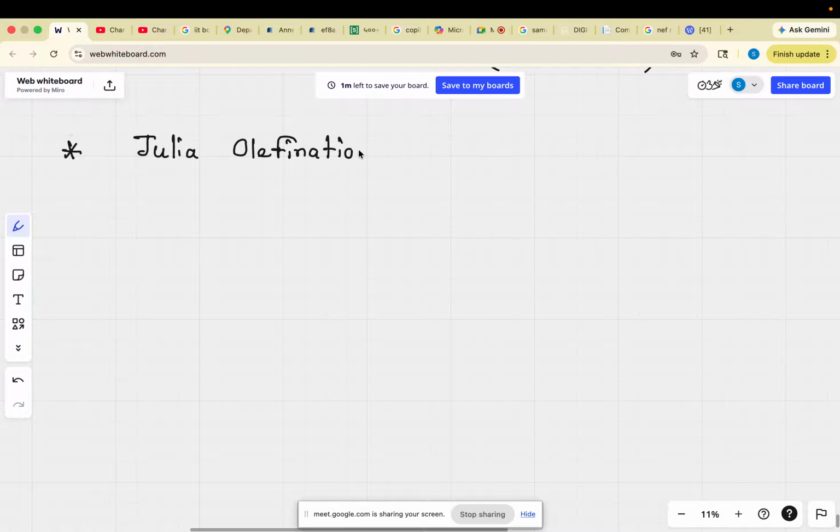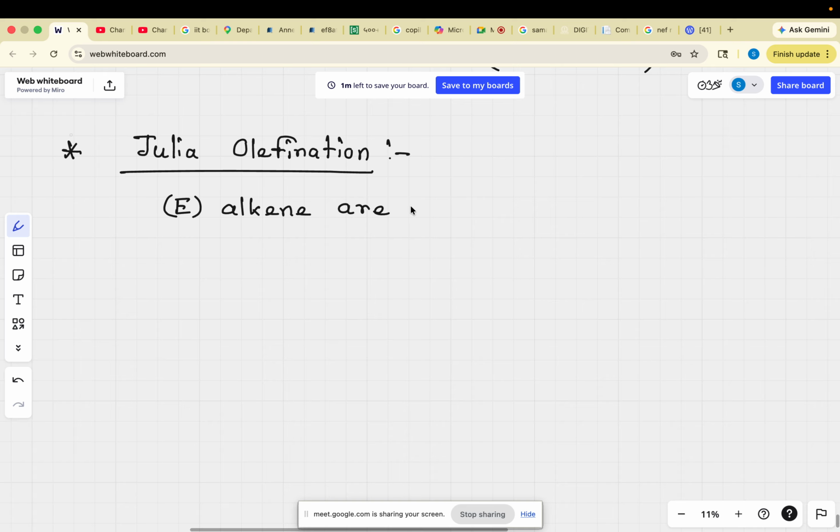So next is your Julia olefination. Write down one line: E alkenes are formed from sulfones and aldehyde.